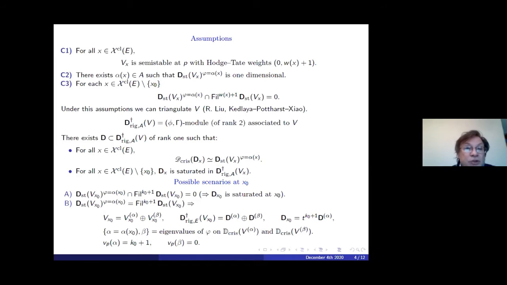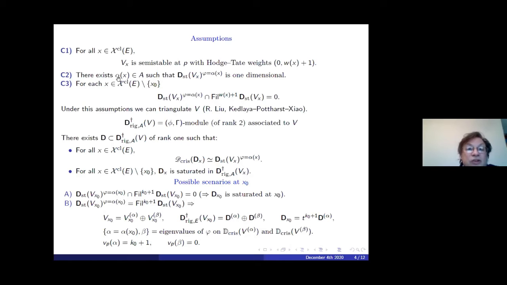Our principal assumptions are the following. We will assume that at all classical points, the specialization of V at x is semi-stable at P, with Hodge-Tate weights 0 and weight of x plus 1. We assume that there exists a crystalline subspace in families of dimension 1.